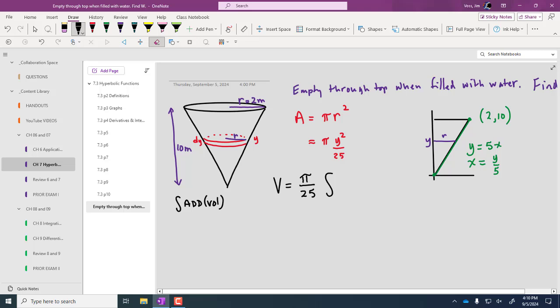So that's our generic formula, ADD volume for a three-dimensional vessel. A, okay, we know that's 9.8. D, that's the density of water, that's 1,000. And then how about the other D? Depth, which is 10 minus y. So 10 minus y. Right, good.